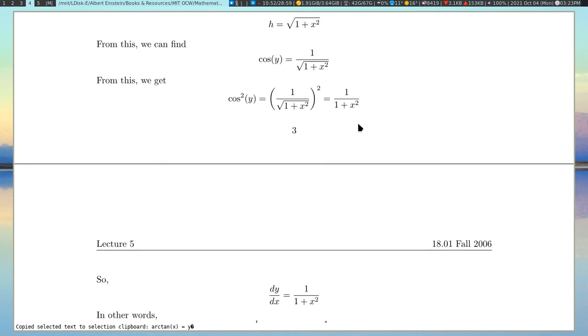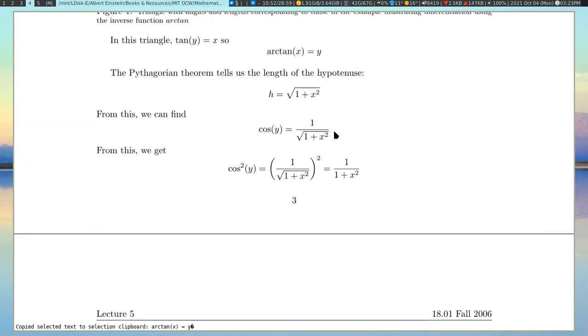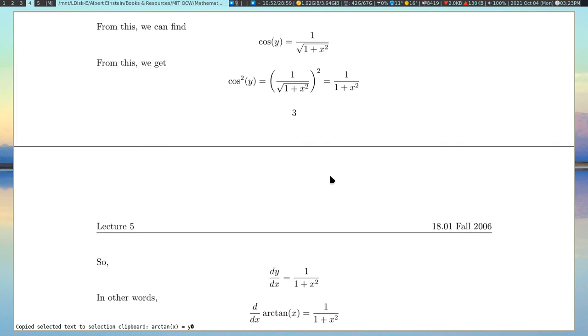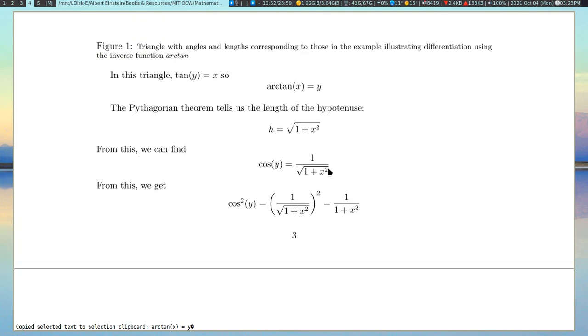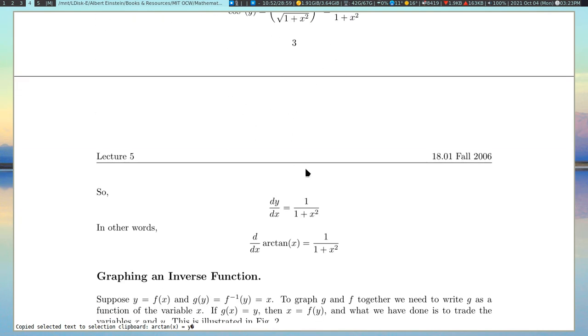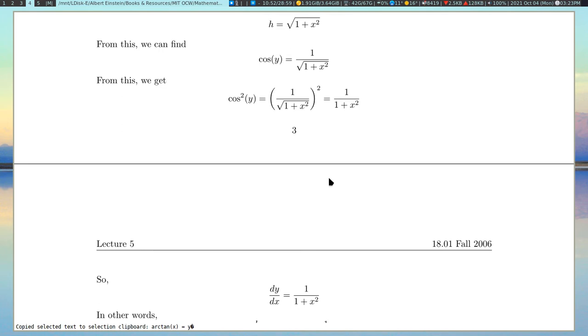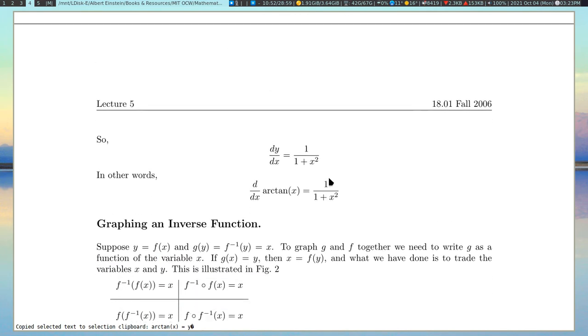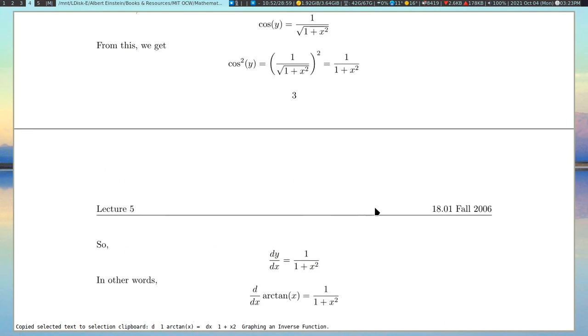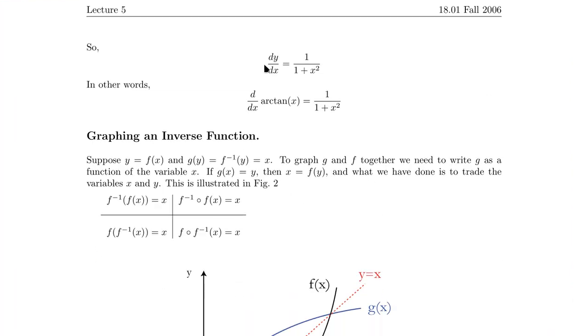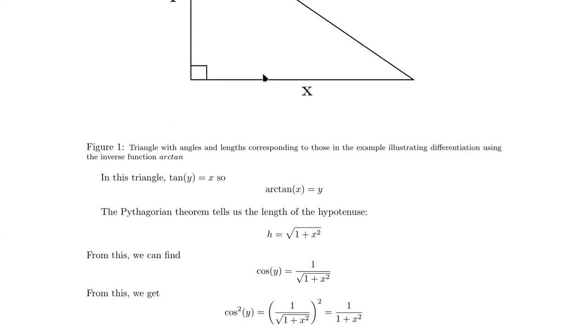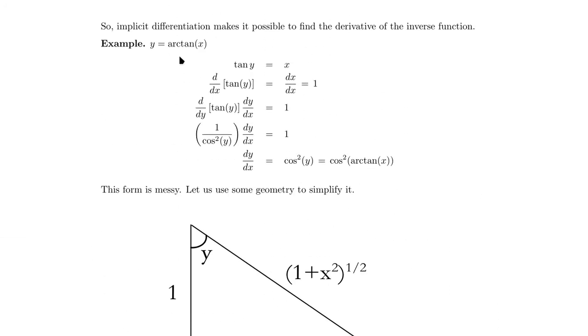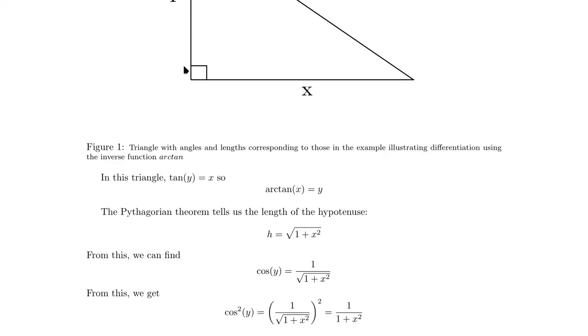So dy over dx is basically 1 over 1 plus x squared, and that is equal to the derivative of the arctangent. So how you find the derivative of the inverse trigonometric functions is through applying implicit differentiation on the original simple trigonometric functions that we know.